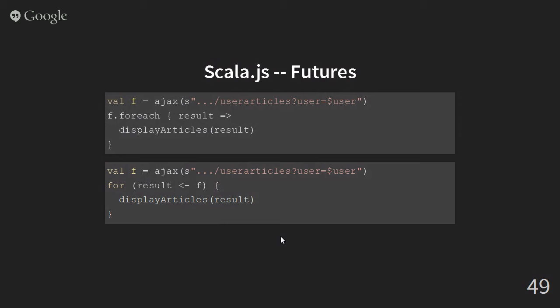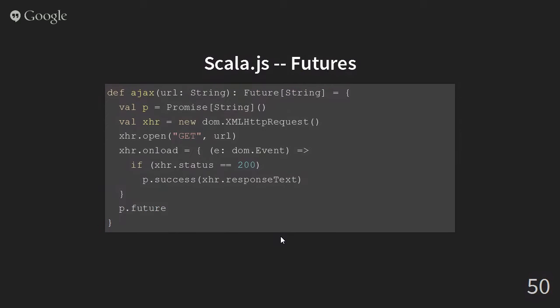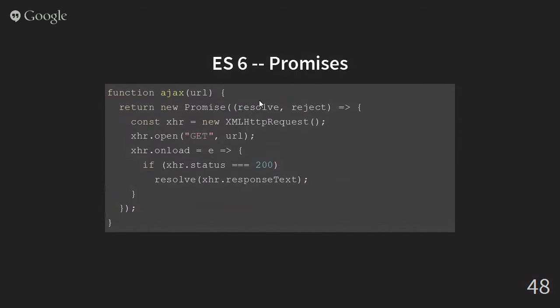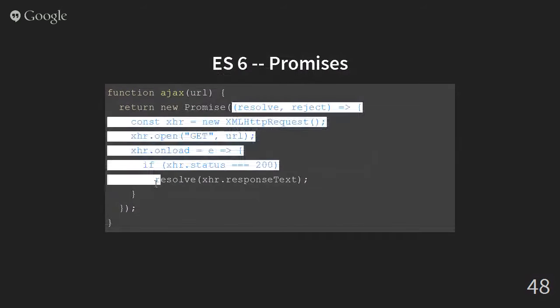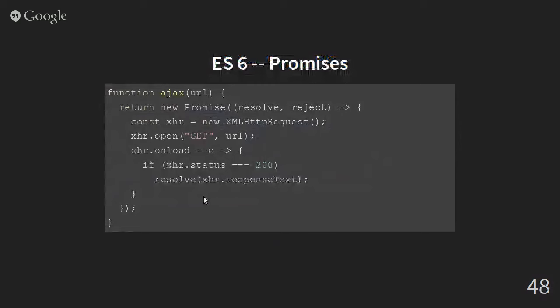It shows much better if we go. Oh, so this is the implementation. Here I create a Scala promise, which is the underlying implementation of a future. In JavaScript, I create a promise with a function that will complete the promise, basically.